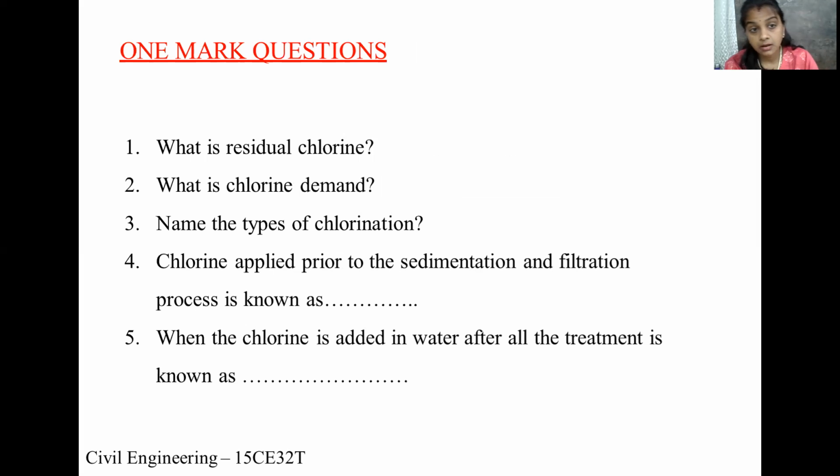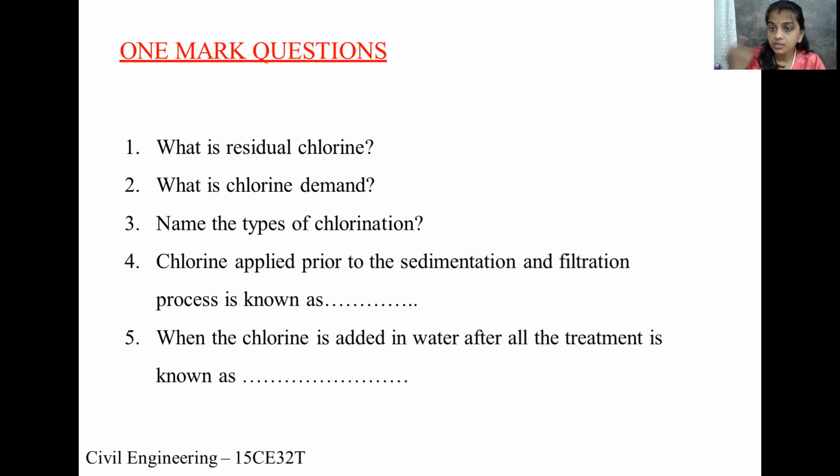Yes, these are the 1 mark questions. What is residual chlorine? What is chlorine demand? We can go back to the first slide just to note what residual chlorine is. Residual chlorine is the amount of chlorine that remains to avoid recontamination of water. That is called residual chlorine.